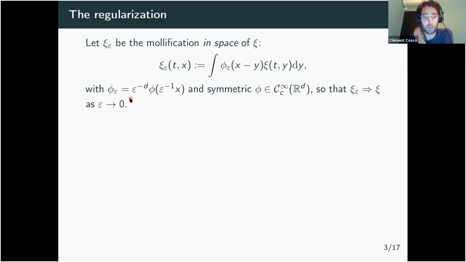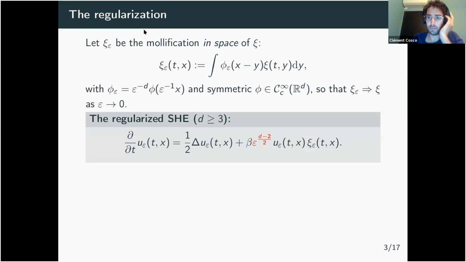So you take a smooth function phi, you construct this phi epsilon, which is an approximation of a Dirac, and then this modification in space, xi epsilon, converges to the initial white noise. But it is smooth enough to be able to define the regularized version of the SHE.